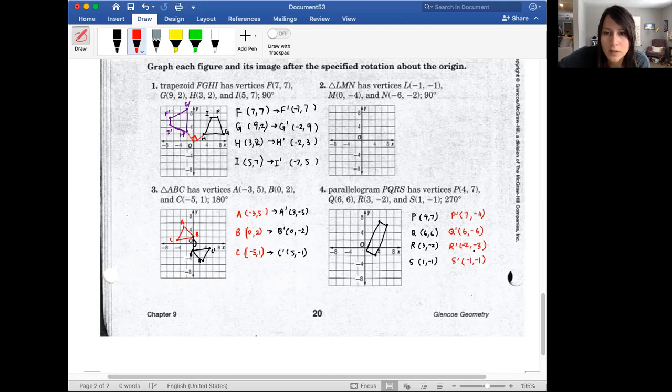Okay, let's see if we did this correctly. Okay, 7, -4, 6, -6, -2, -3, and then -1, -1. Oh, that should be over here, I think.